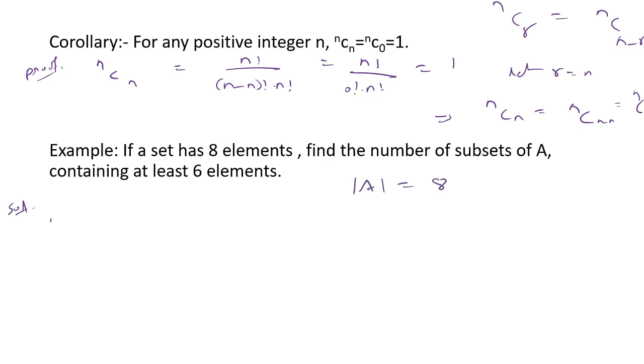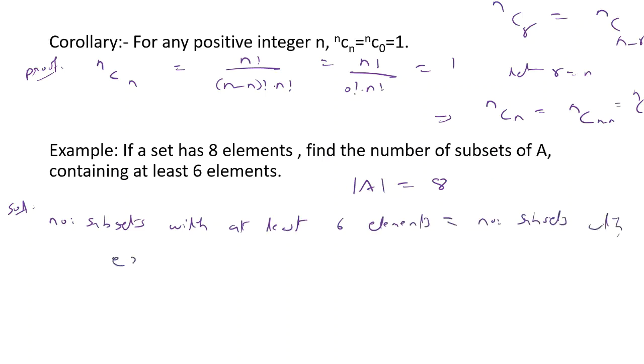Now the number of subsets with at least 6 elements is equal to the number of subsets with exactly 6 or exactly 7 or exactly 8.